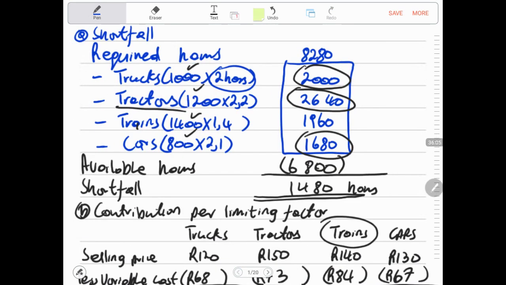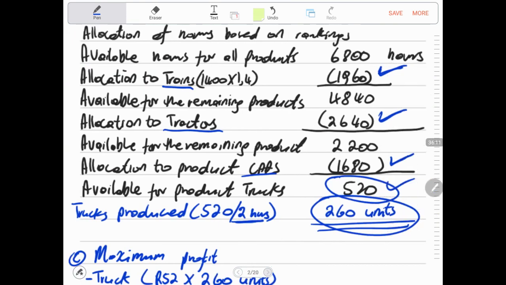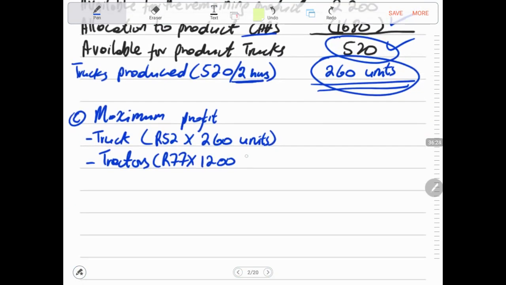Let me confirm that. Yes, tractors, we expect to manufacture all that 1,200 because we do have the available hours. There we are the tractors, we took all the hours that were available. Therefore now all are required. Then we go to the third one, and these are the units.